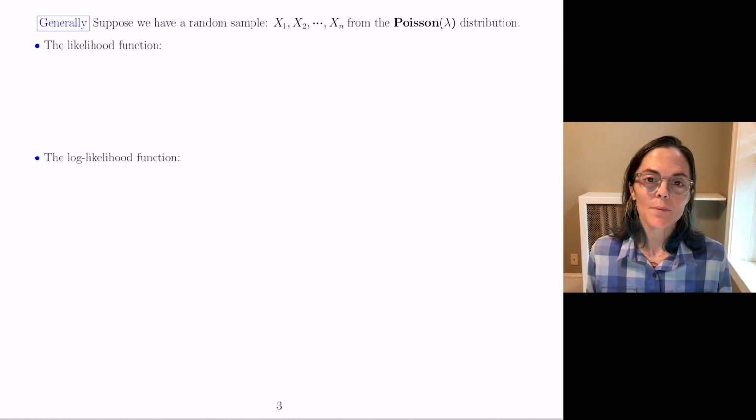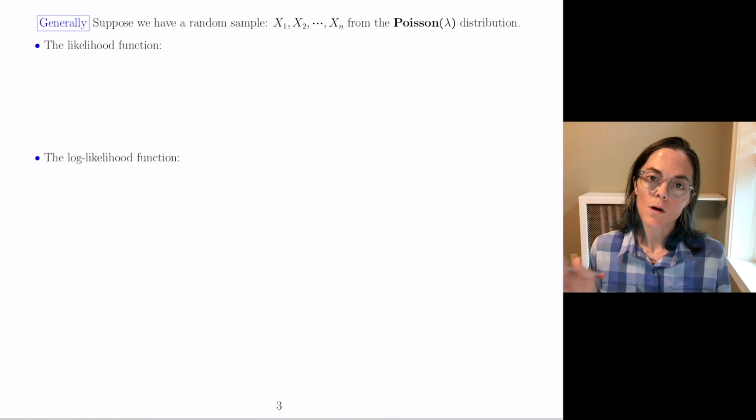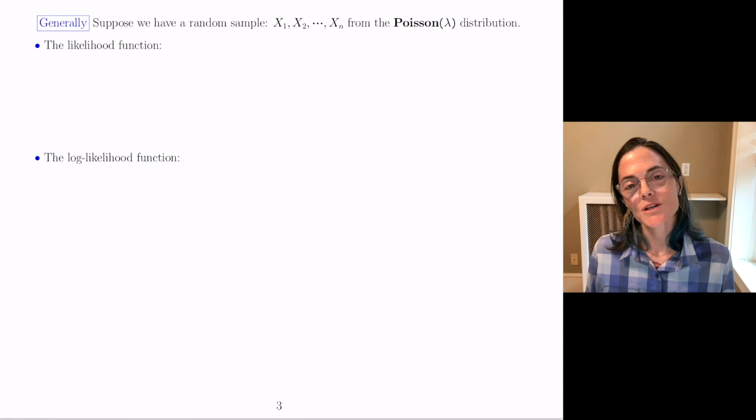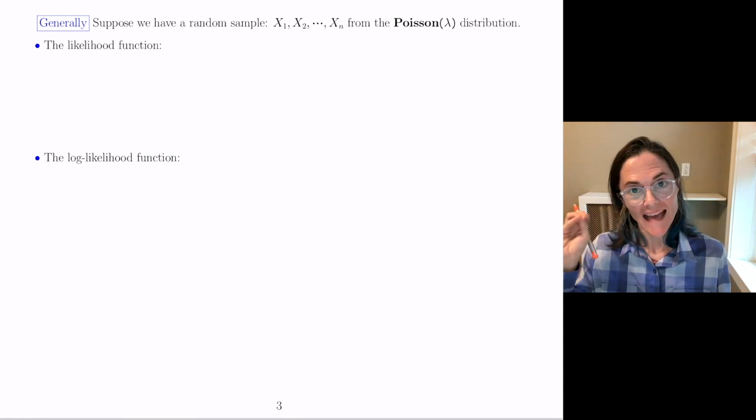That was an example and a fantastic one, but I would like to speak generally. So suppose we have a random sample, x1 through xn, from a Poisson distribution, and we're trying to find this maximum likelihood estimator, lambda hat.